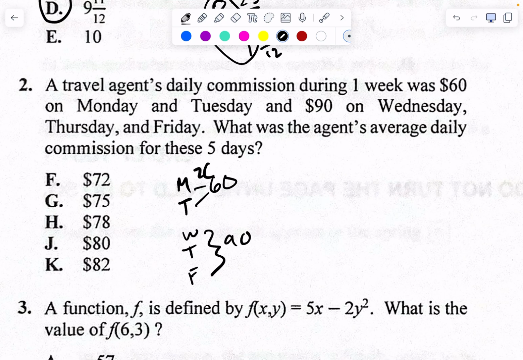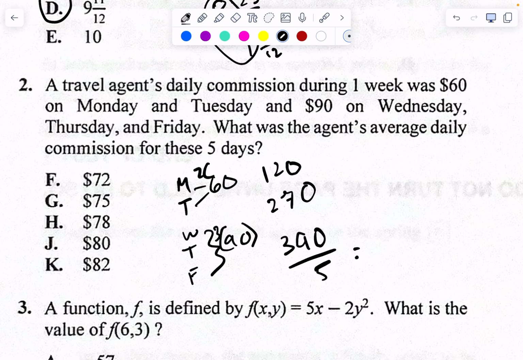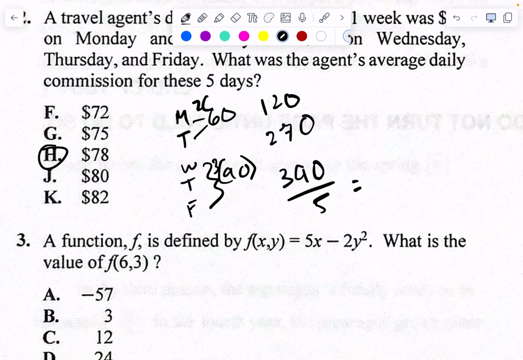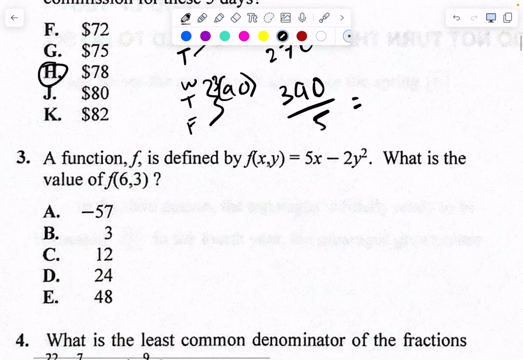All right, 2 times 60, 3 times 90 divided by 5. That's easy. 120 plus 270 is 390 divided by 5. $78. That was way less than a minute, right? These are going to be the questions that save you time, as long as you read fast, okay?